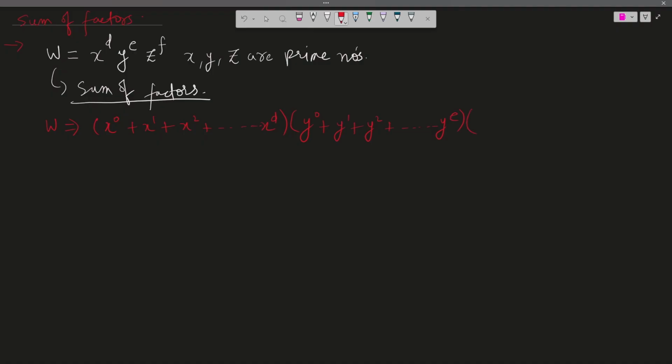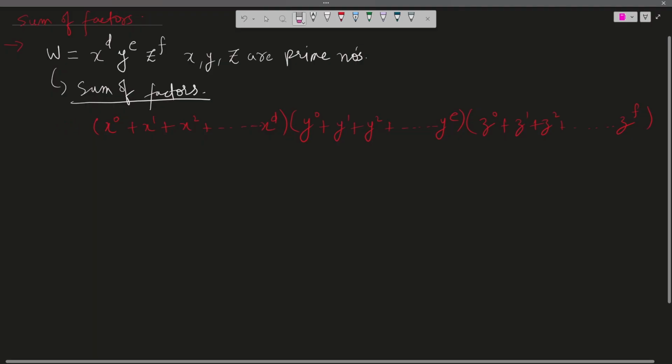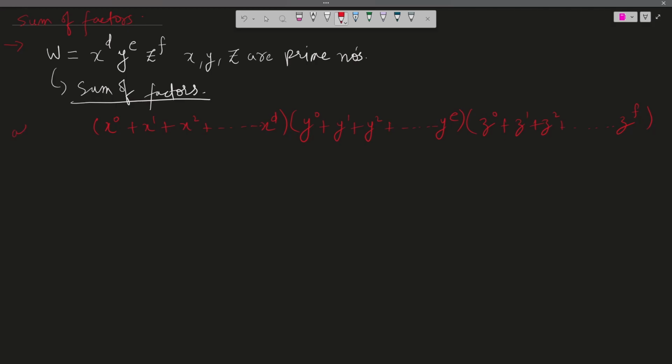And similarly, z to the power 0 plus z to the power 1 plus z to the power 2 till z to the power f. This we have already seen in the previous video, that we could express all the factors of W in this form, right?